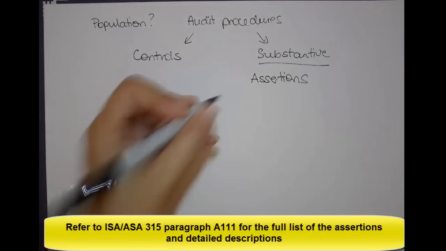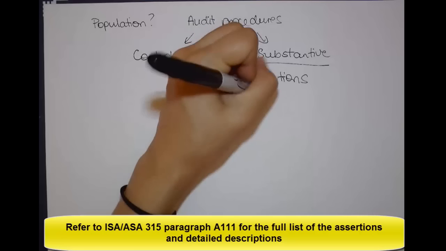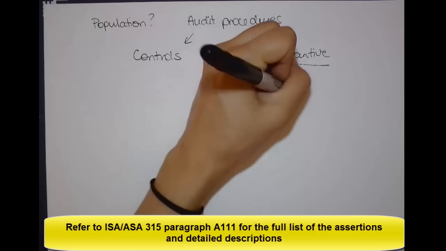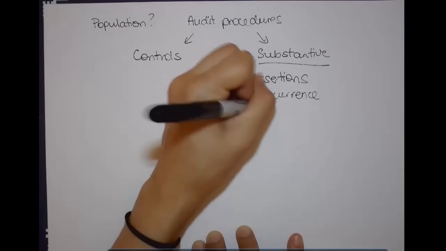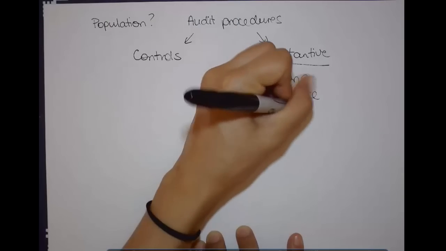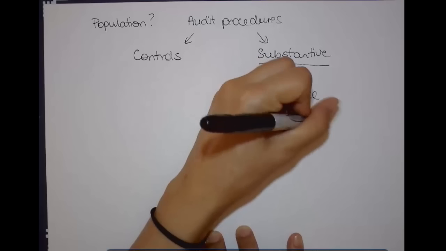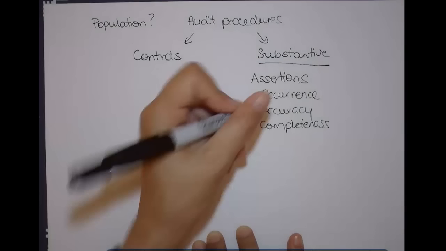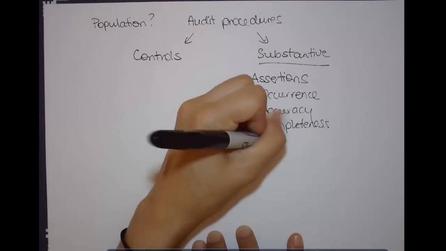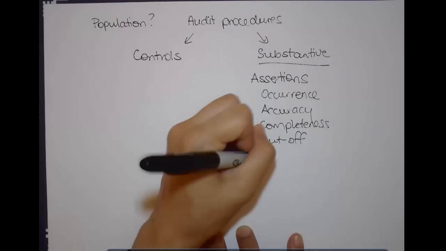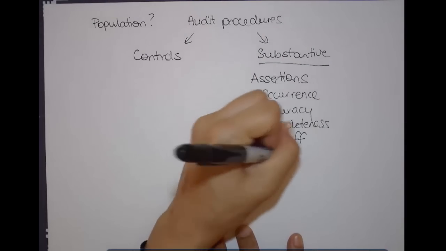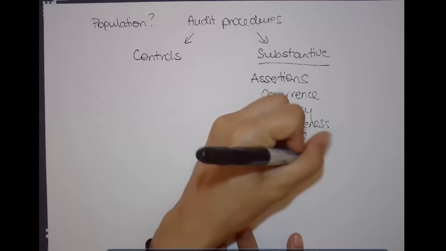So remember, our assertions are occurrence, accuracy, completeness, cutoff, classification for transactions.